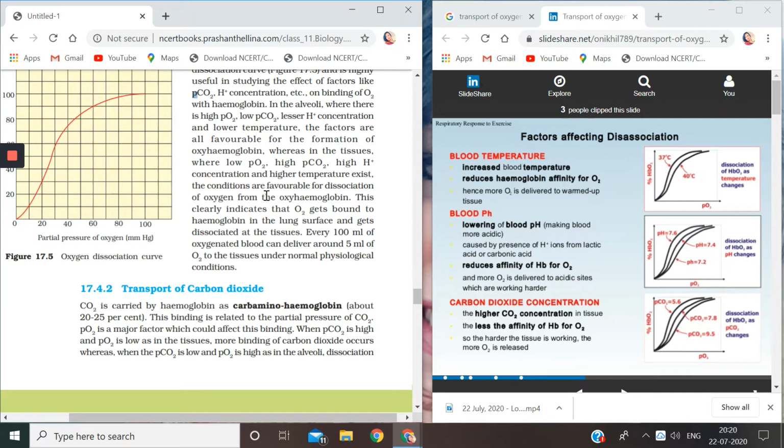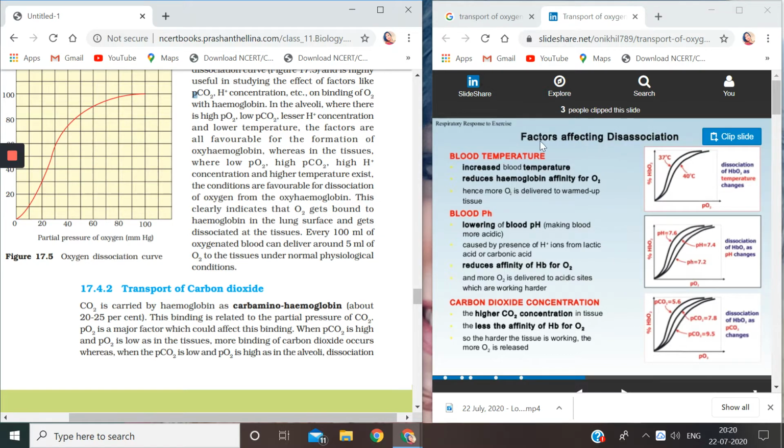As you know, if the amount of H plus ions increases, the environment becomes more acidic. That means the pH will change, and the last factor is the temperature. We are going to discuss these once more in this video, and then move on to transport of carbon dioxide.